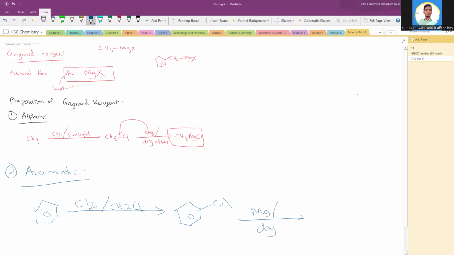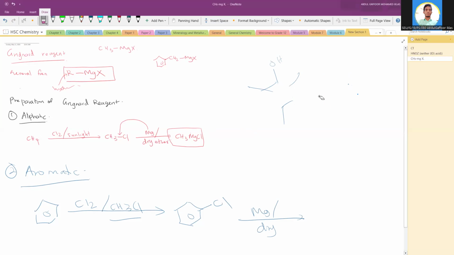If you have phenol and put Cl2, you can substitute Cl. But to substitute chlorine on a pure benzene ring, you cannot use chlorine alone; it won't react at all.